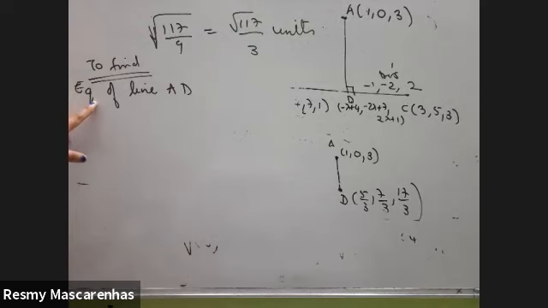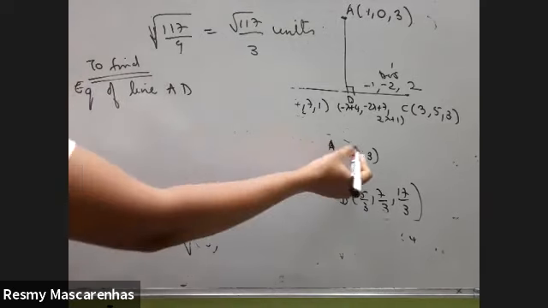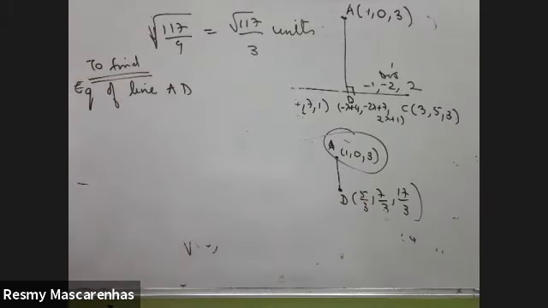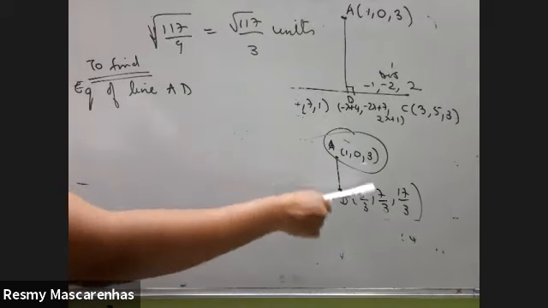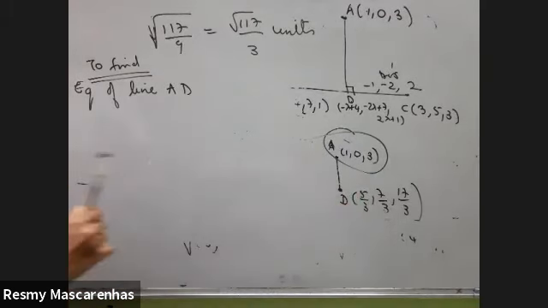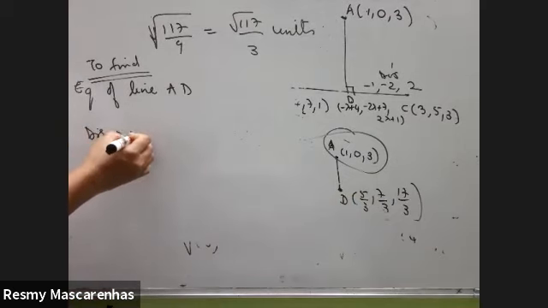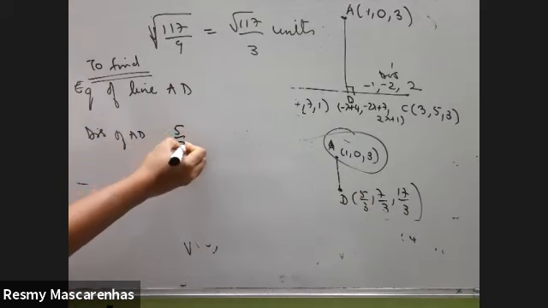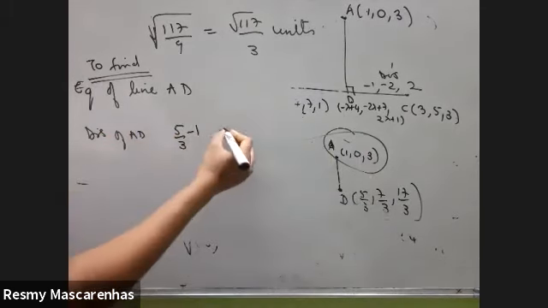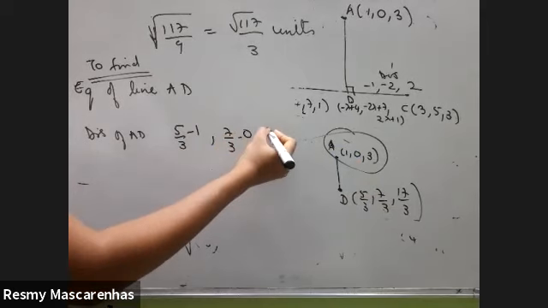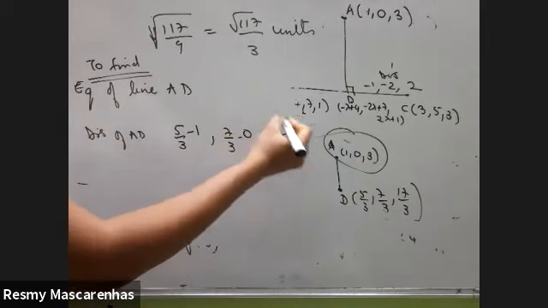To find equation, I need 1 point. 1 point means the first point always. First point I already got, and the direction ratios. You know how to find the direction ratios. This minus this, this minus this, this minus this. The direction ratios of AD will be 5 by 3 minus 1, 7 by 3 minus 0, 17 by 3.